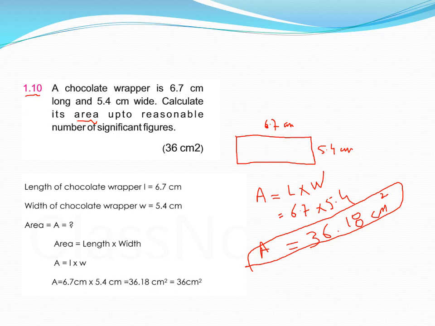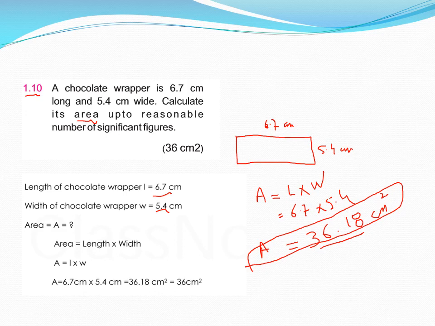But as we need to change the result to a reasonable number of significant figures: in this number there are 4 significant figures, but we know that both sides have 2 significant figures. The concept is, if 2 quantities are being multiplied, then we note which has the lower number of significant figures.